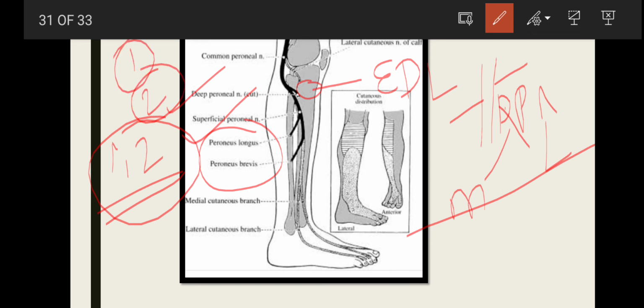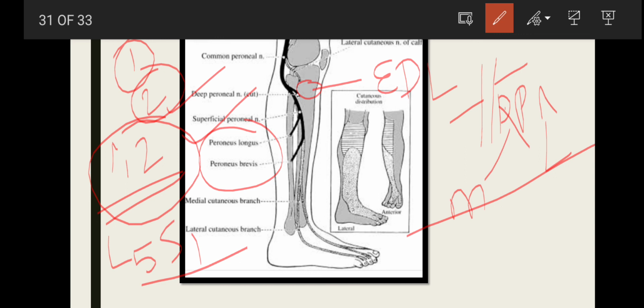Second point, it is a branch of the common peroneal nerve. The root value is L5 and S1. It is a smaller branch compared to the deep peroneal nerve.